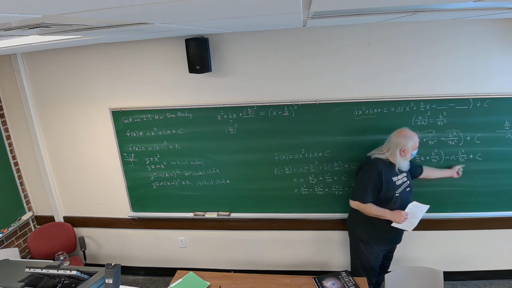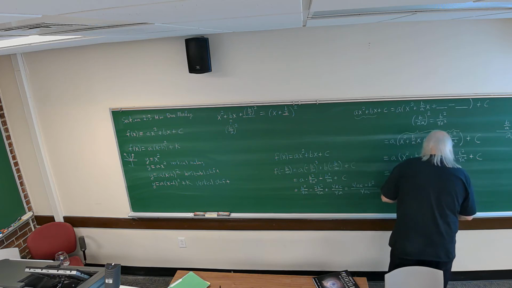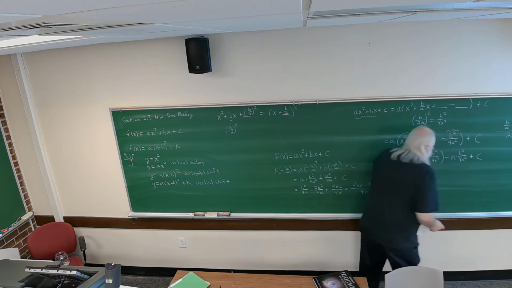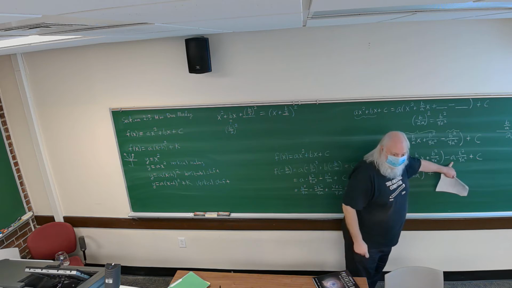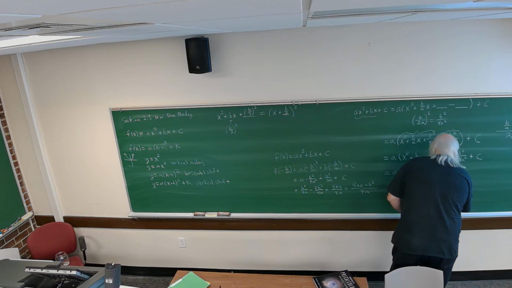I'm going to switch the order, put the c first. When you find a common denominator and simplify this, you end up with 4ac minus b squared over 4a.